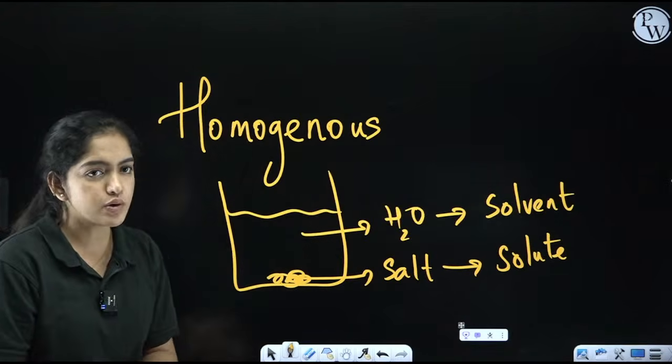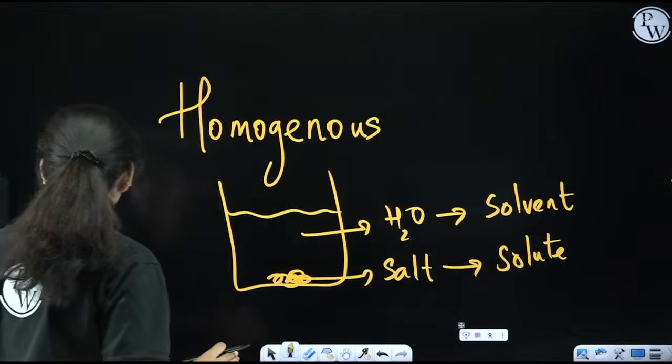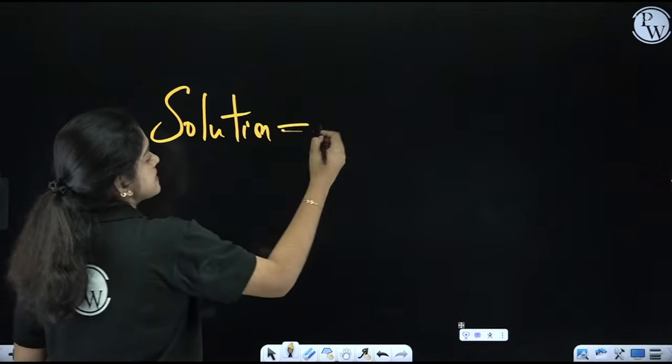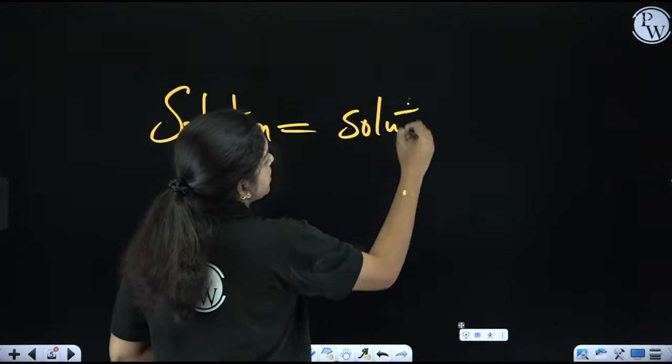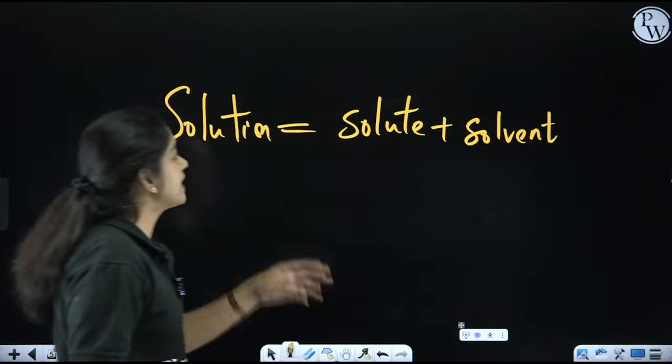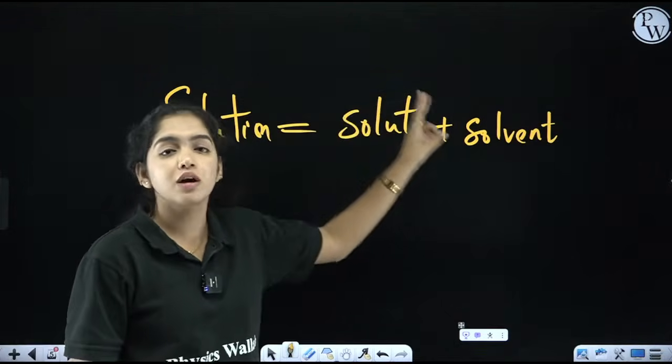Together they form a solution. So we can make an equation for the solution. A solution is a mixture of solute and solvent. If we mix a solvent and solute, we will get a solution. So a minimum of two components is required.